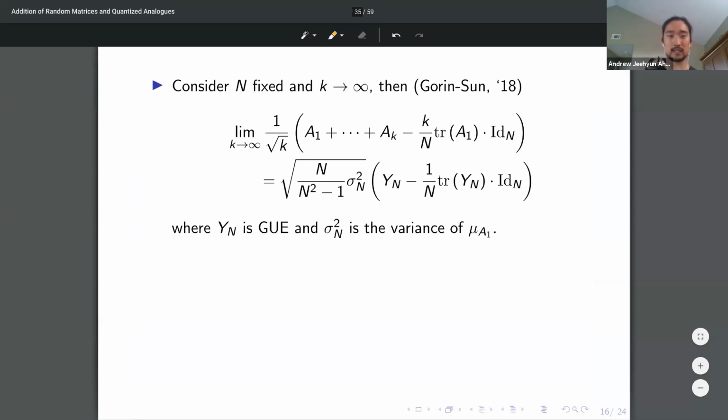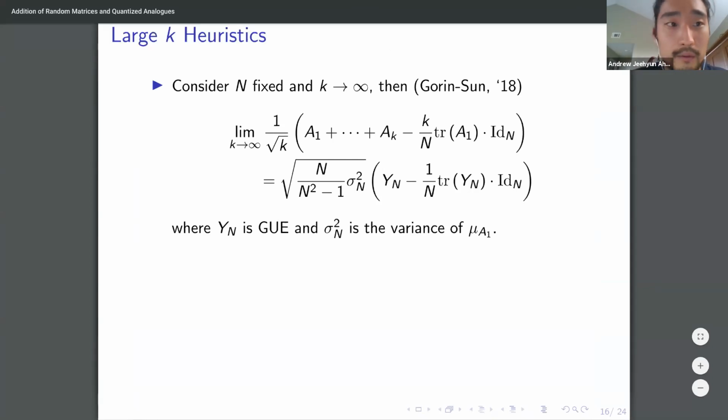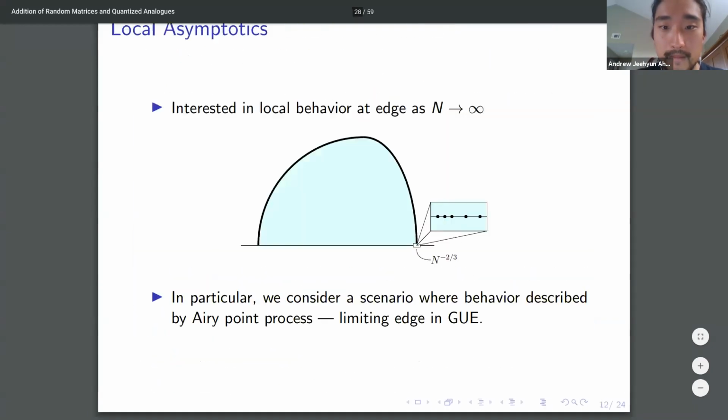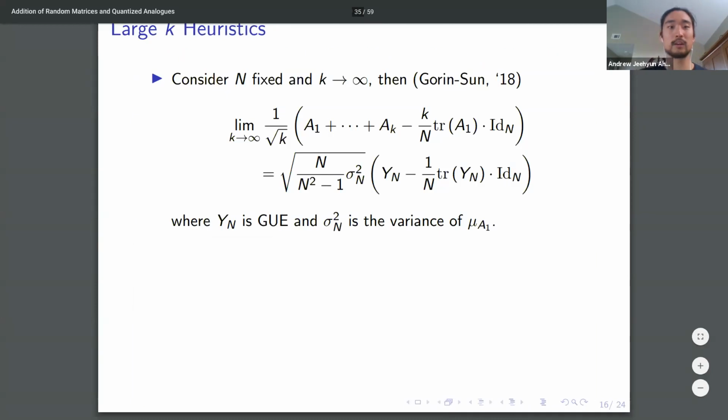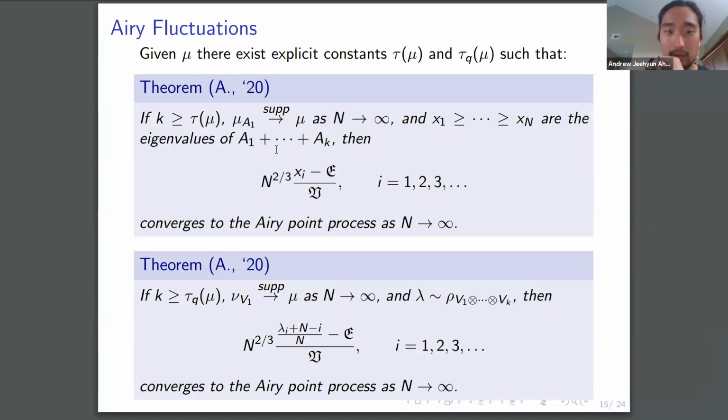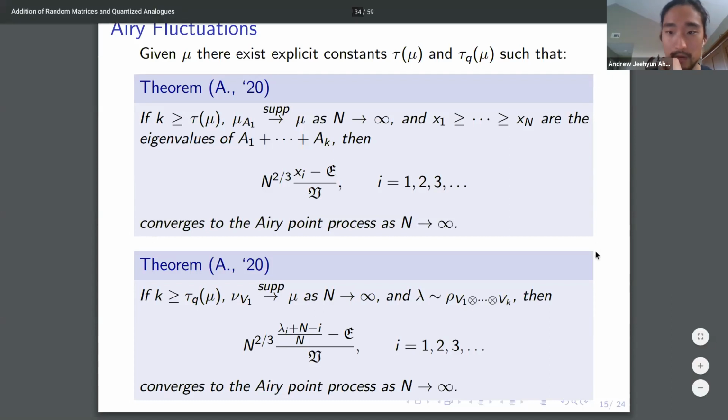So here's a heuristic. Before I say this heuristic, let me just say that for the remainder of this talk, let's focus on explaining the first result, the random matrix result.